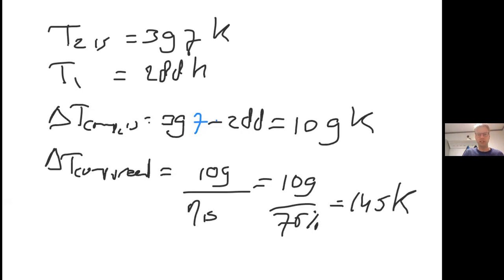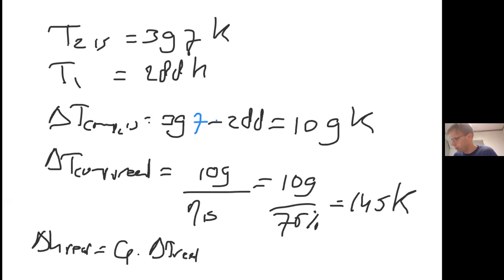I think we use a CP. I don't know, we said that should be specified, but it's not specified here explicitly. So delta H real is CP times delta T real. I don't see CP specified, but assume CP then to be 1.1 times 145 Kelvin.